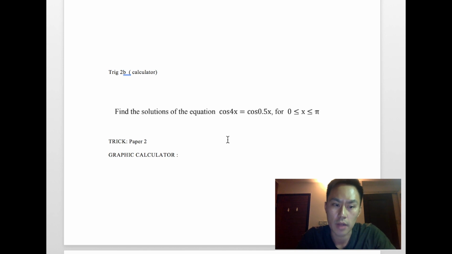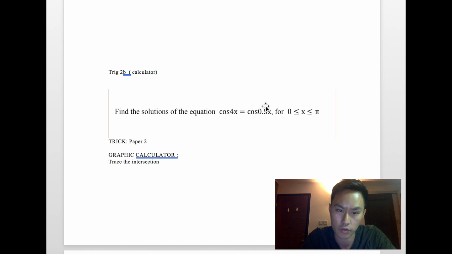After you draw the diagram and trace the intersection points, you will see the graph is continuous, right? Because a trig equation is always a continuous diagram, so you will have unlimited intersection points. That's why you have to set the x range from 0 to pi.